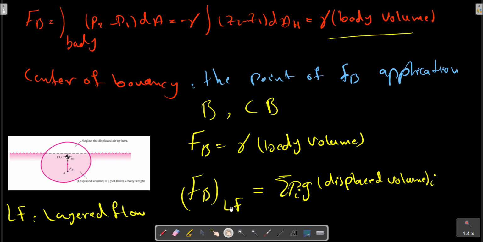Since liquids are relatively heavy, we are conscious of their buoyant force, but gases also exert buoyancy on any body immersed in them.